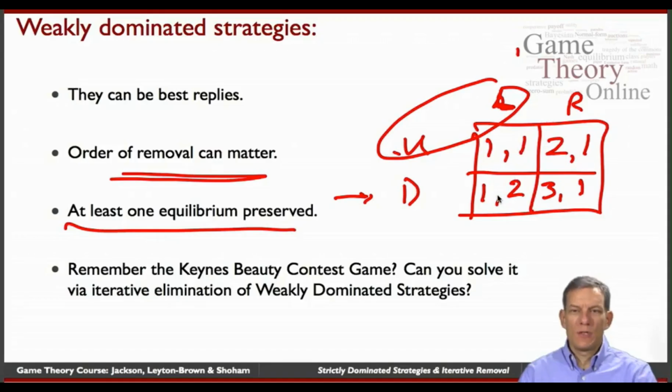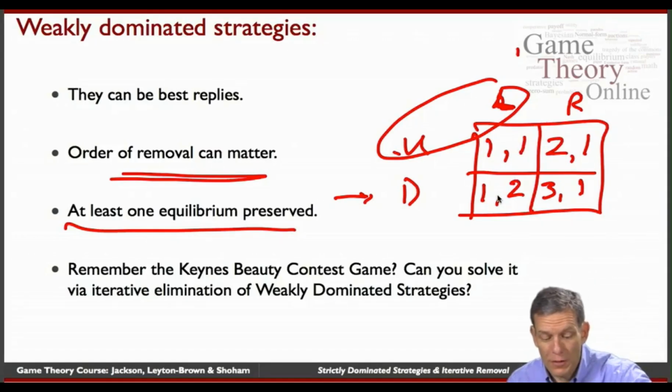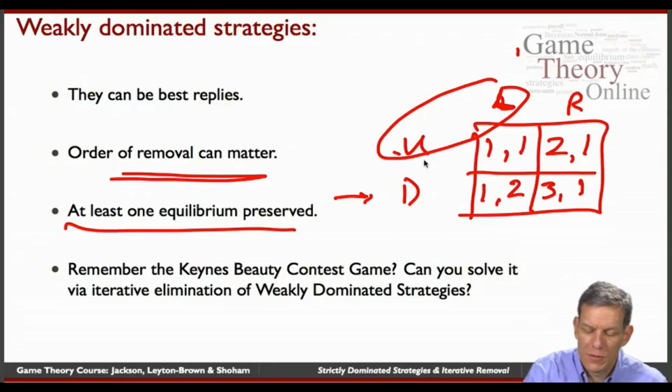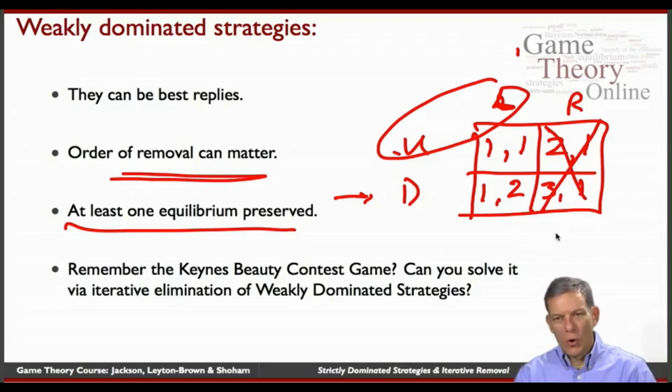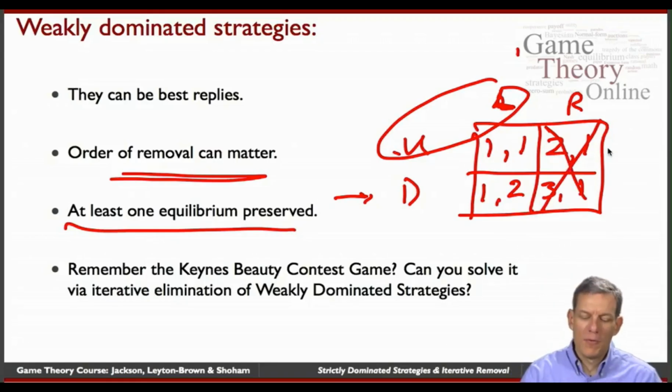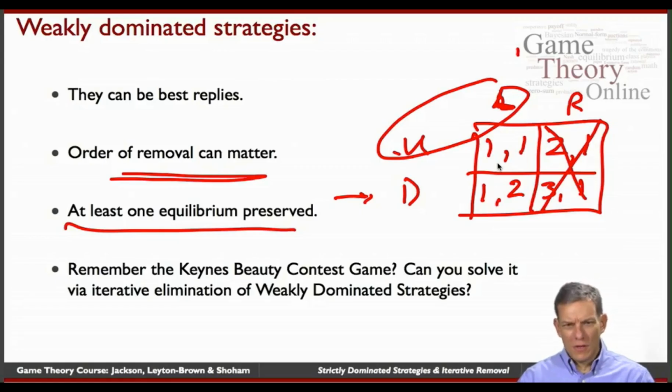We're left with a situation where the row player is then indifferent between the two strategies, right? So we end up with a situation where up and left is still left. But if we removed the row player's strategies first, we would remove up first, and then we would end up with down left. So depending on how you go through this, you get different things that are left. So there are cases where the order matters, and that's somewhat problematic.